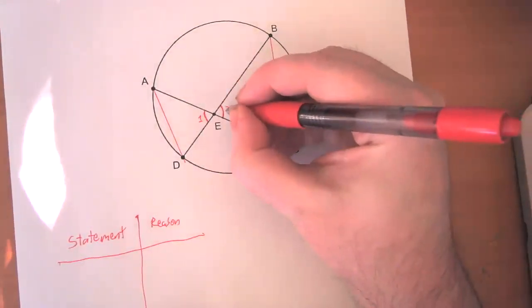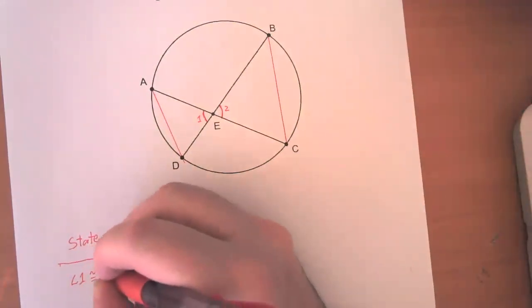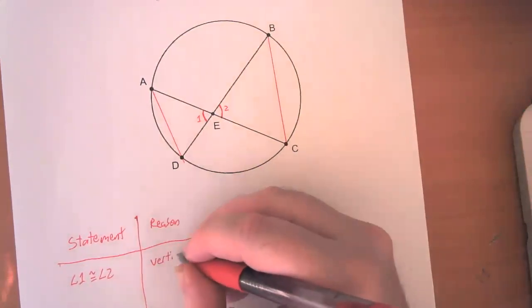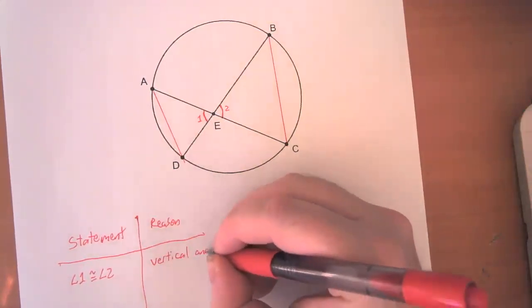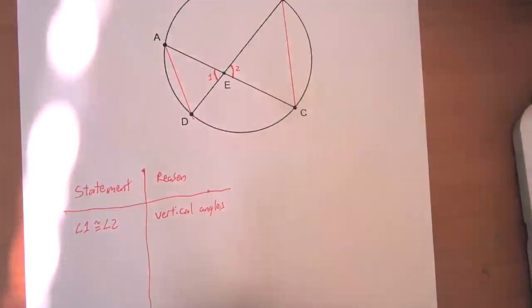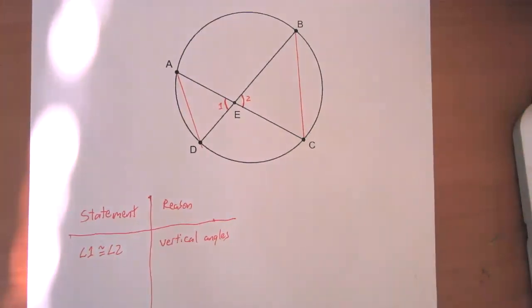I'm going to call these angle 1 and angle 2. So I'm going to say angle 1 is congruent to angle 2 because they are vertical angles. All right, are there other relationships between these triangles that you can notice right off the bat?